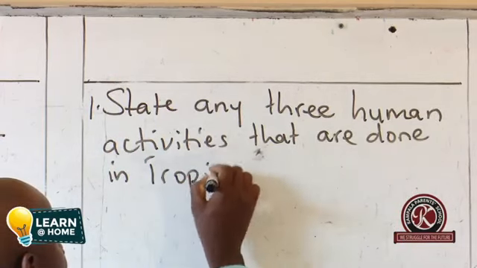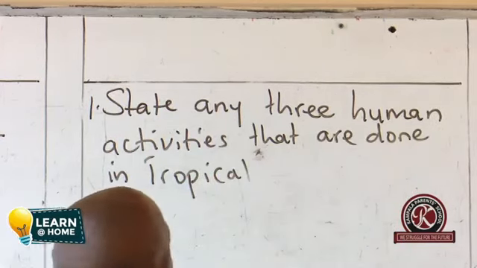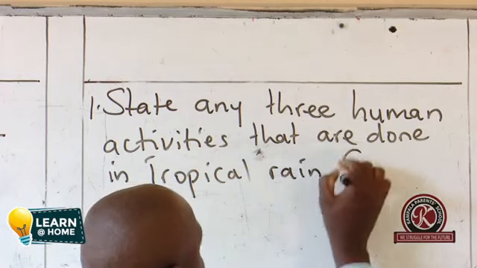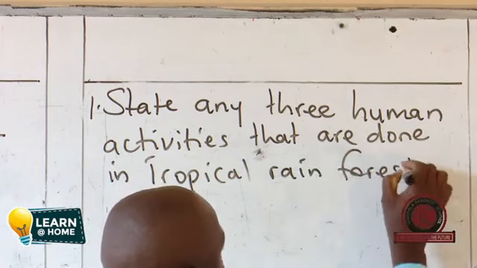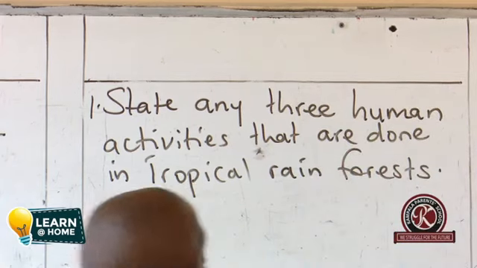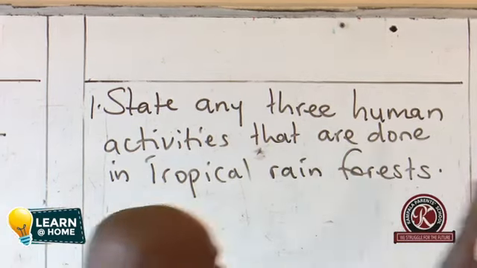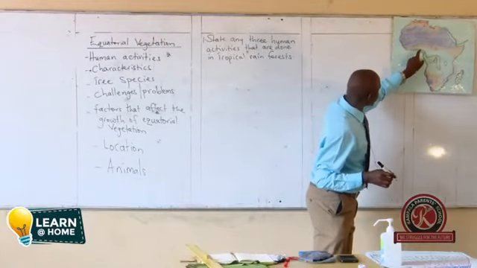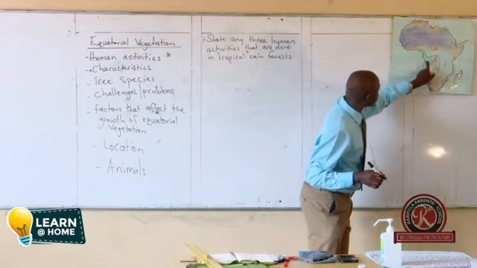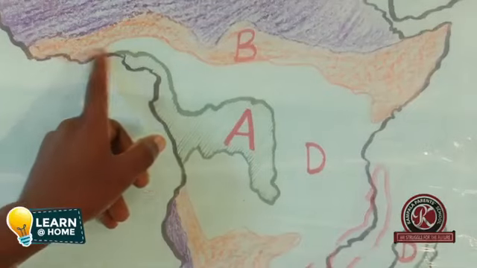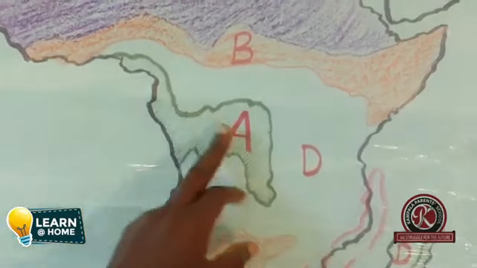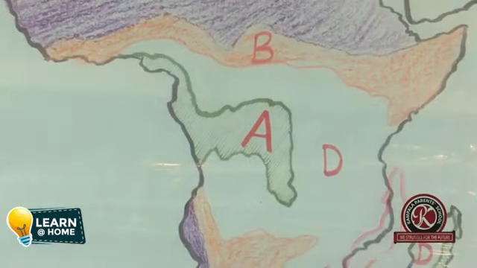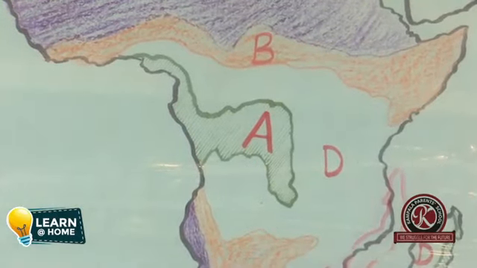We said tropical rainforest is the same as equatorial rainforests. And to take you back, we shall look at our map of Africa to remind ourselves the location. We said it is found within the largest part of Central Africa and some parts of West Africa. And part A is our equatorial vegetation we are talking about. So let's begin.